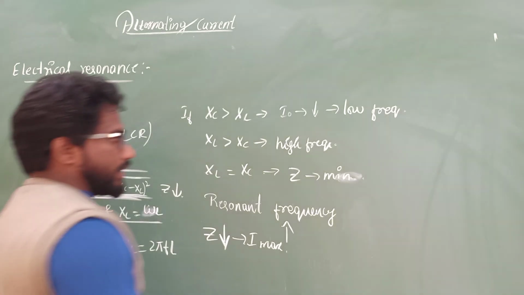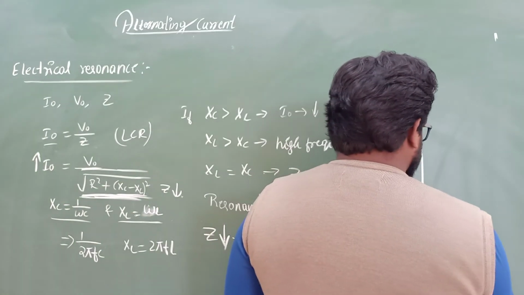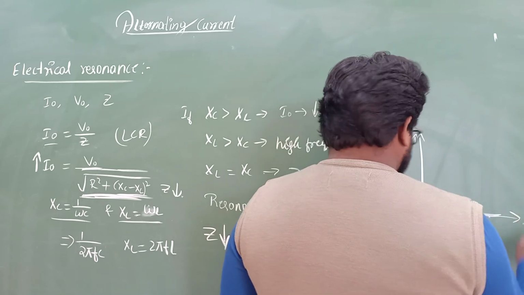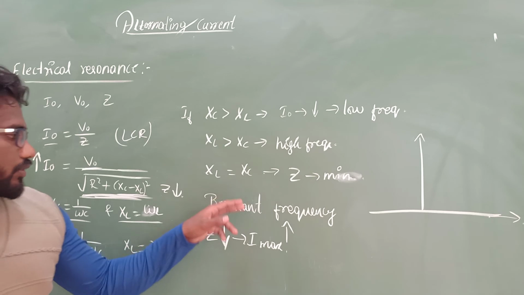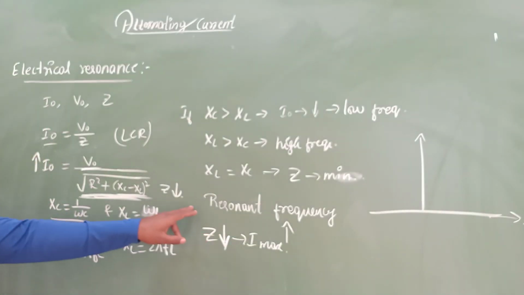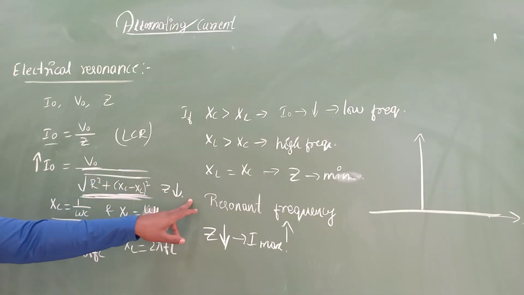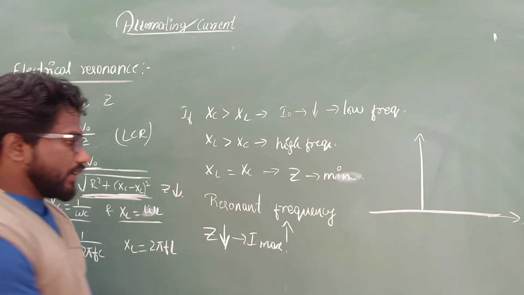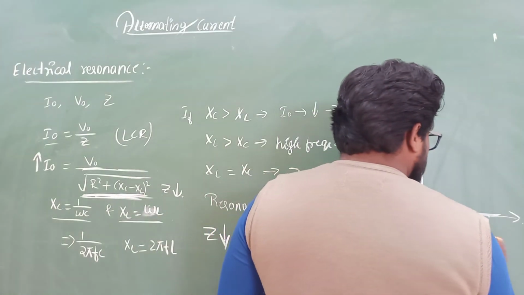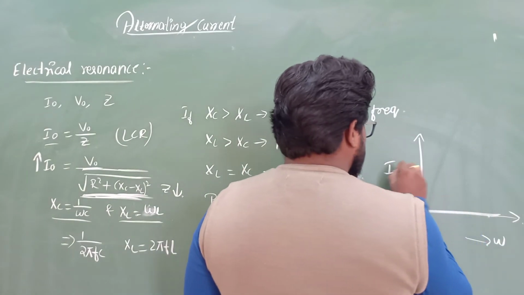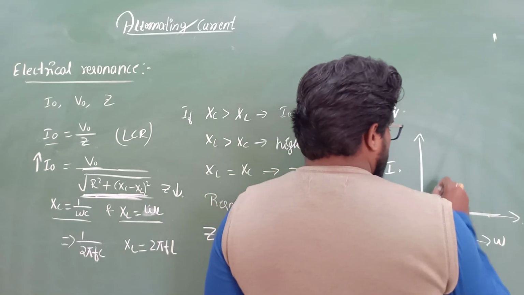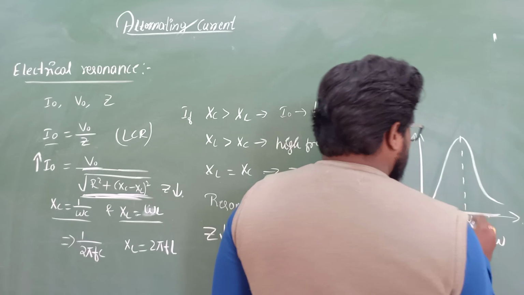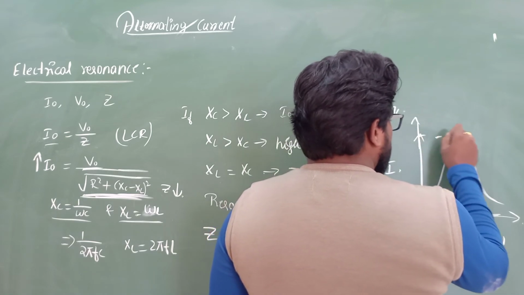Okay, so for example, if I take the graph, one thing is we need to take the value of current, here it is current and frequency range, correct, resonant frequency that we are discussing. So I will take this as omega and this as I. This is how it varies. At a particular value of frequency, the current will become maximum.